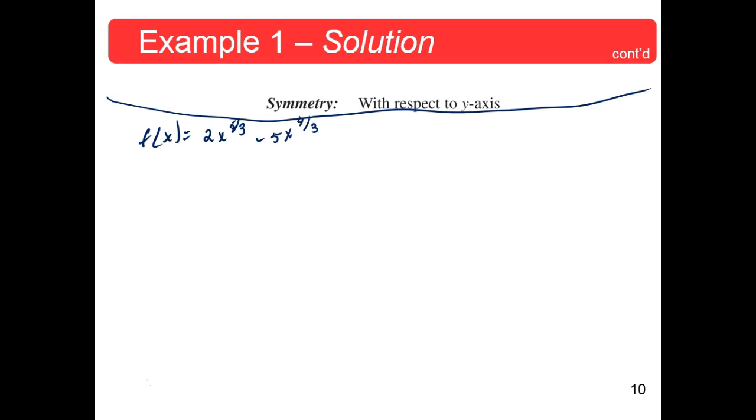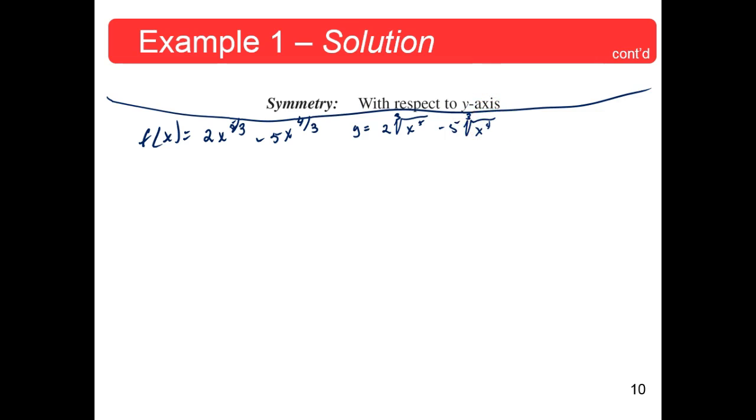So this is going to take a little bit of head scratching here. What we have is y, that's your f of x, is equal to, I don't know if this is going to be helpful or not, I'm going to write it as a radical. I probably will regret it, but I will. 2 times the cube root of x to the 5th minus 5 times the cube root of x to the 4th.